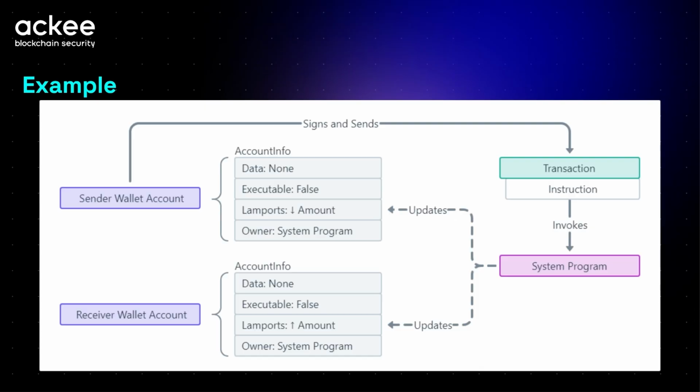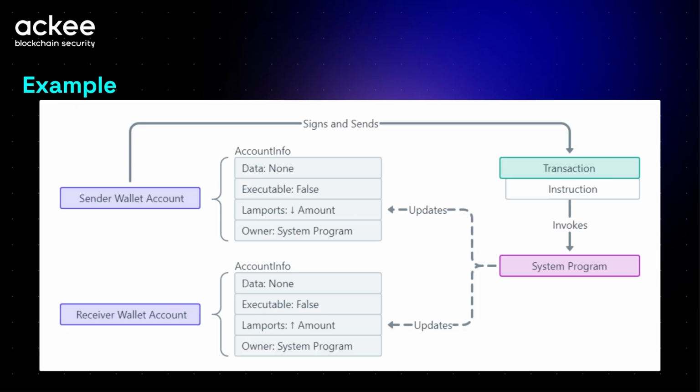So the sender signs and sends the transaction. This is as in the example of the Phantom wallet, where you click on send and you sign the transaction. You can see the transaction on the right side containing the transfer instruction. This instruction invokes the system program, which contains the transfer function.